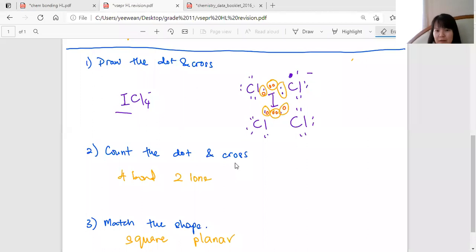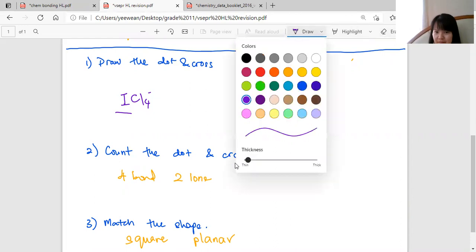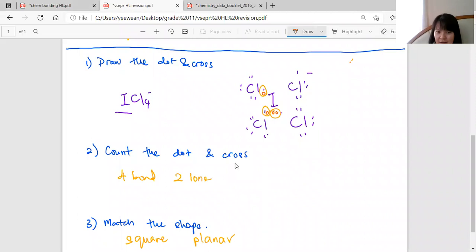Now let's see what happens if you put your extra electron at the iodine instead. Okay, 1 extra electron here, and iodine has 1, 2, 3, 4, 5, 6, 7.